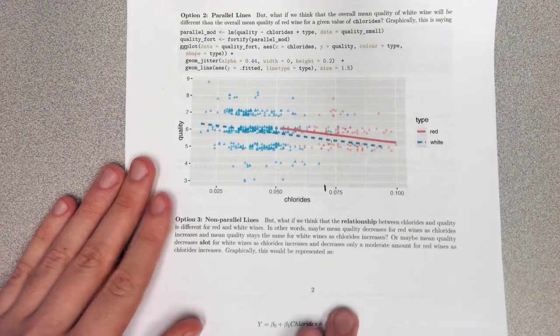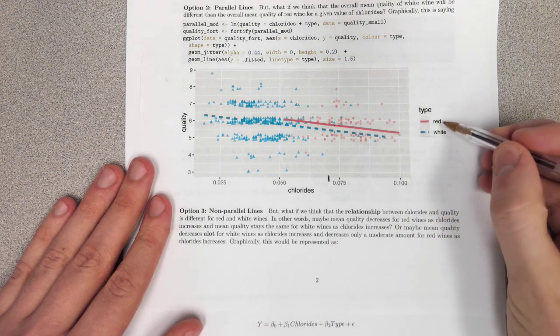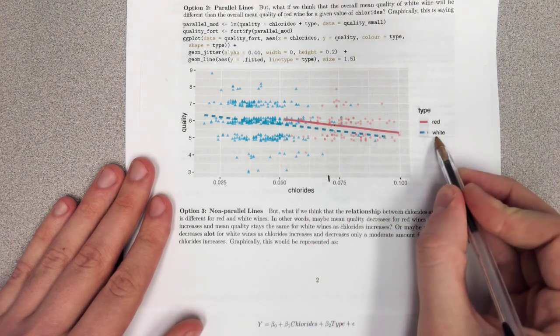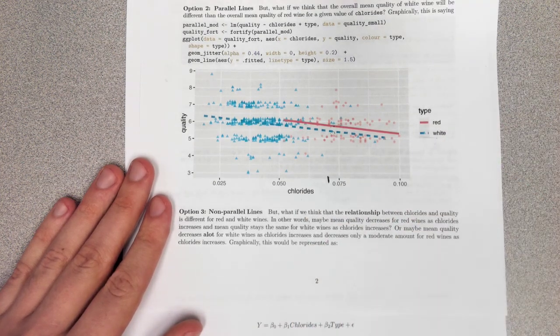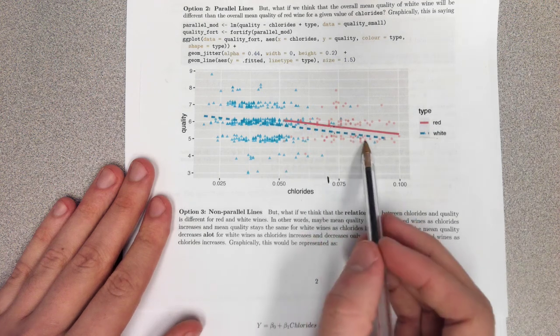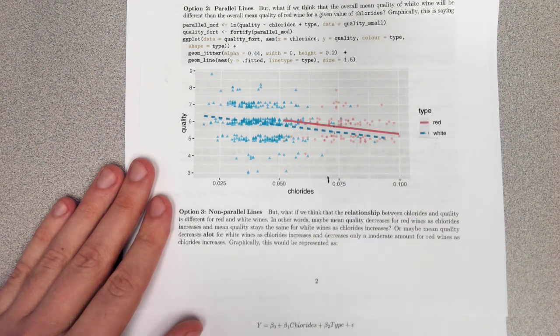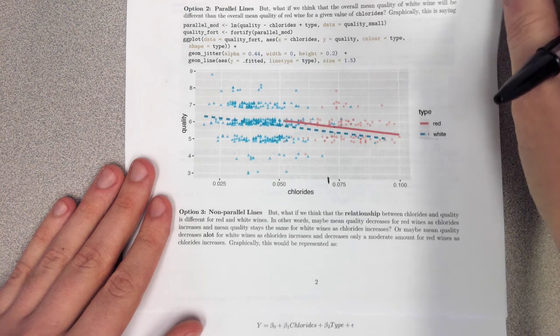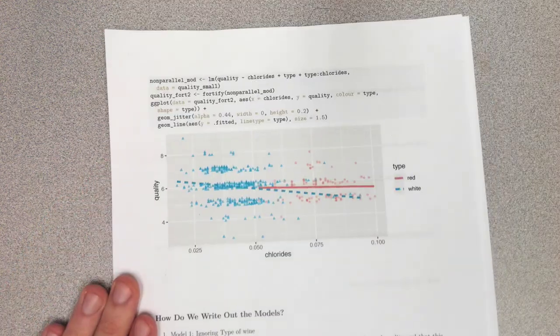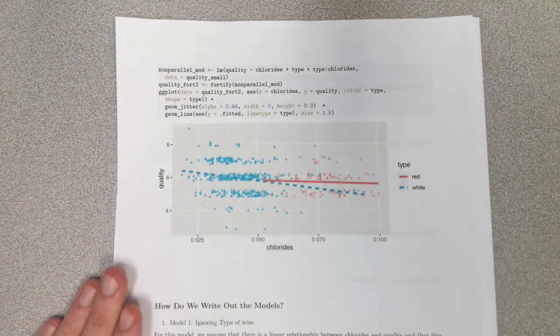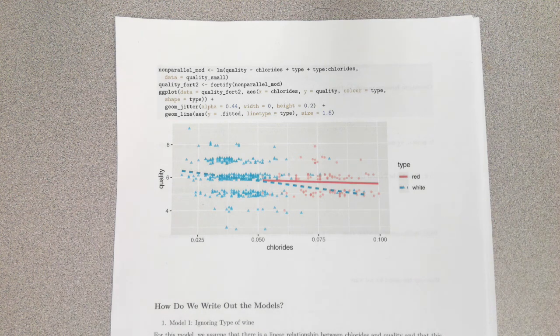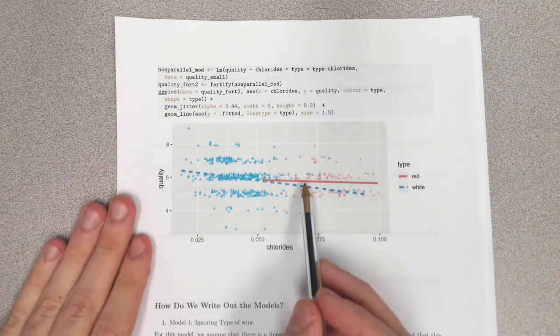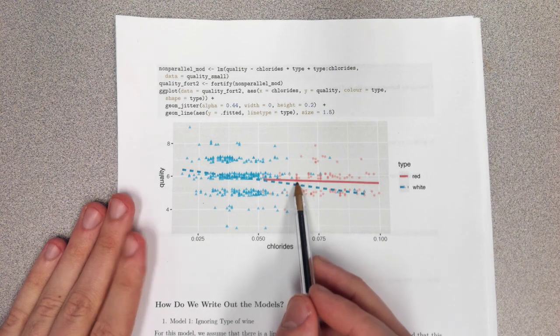Our final option is to also include chlorides and wine type, but this time to allow for these lines to not actually be parallel and to allow them to have different slopes. Graphically, we've actually already seen this in ggplot2 when we colored by a particular categorical variable.